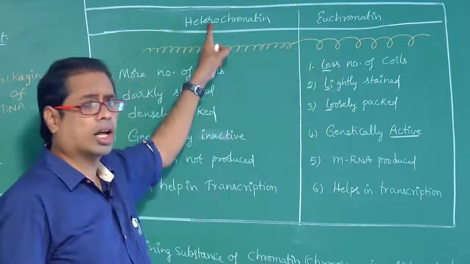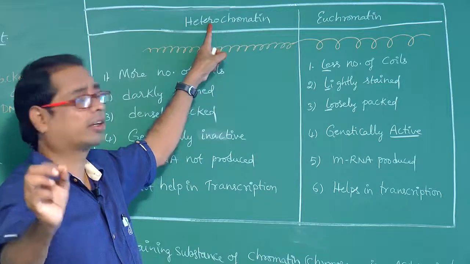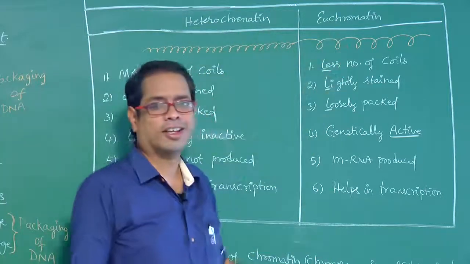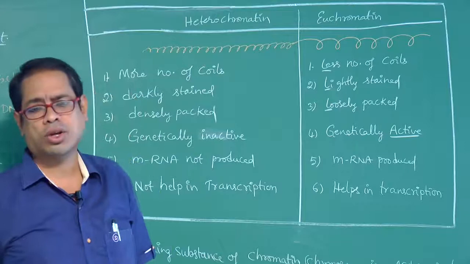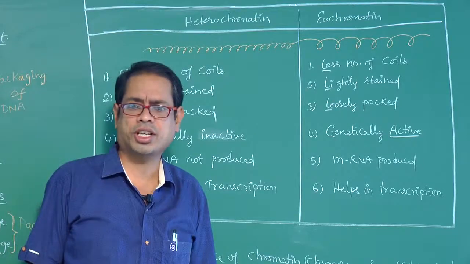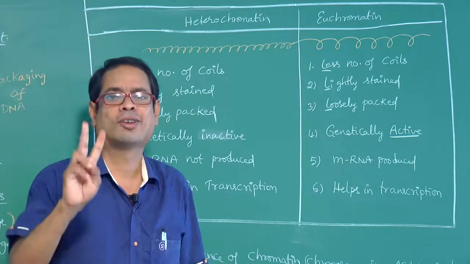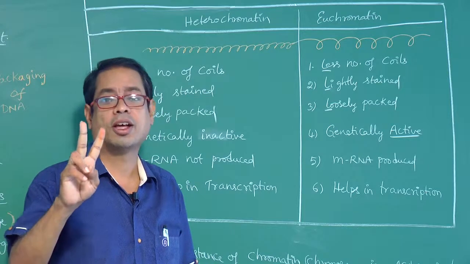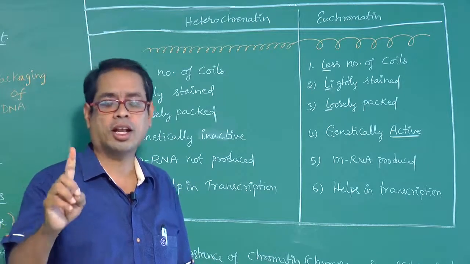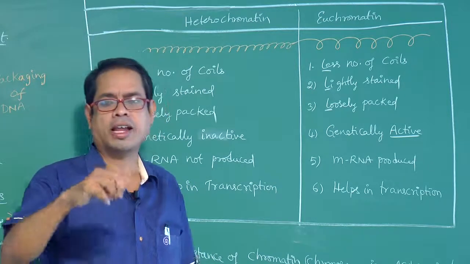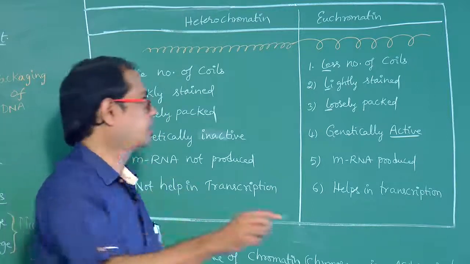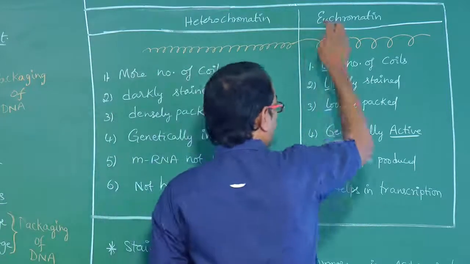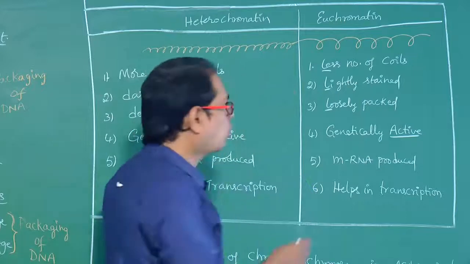This part is called heterochromatin. Now this part is called euchromatin. So two parts: one is called heterochromatin, another one is called euchromatin. Eu means true.